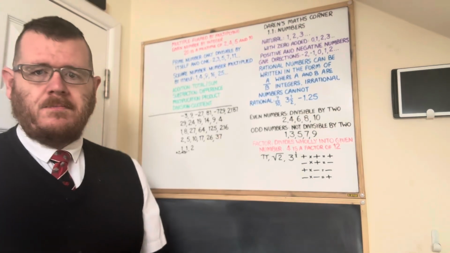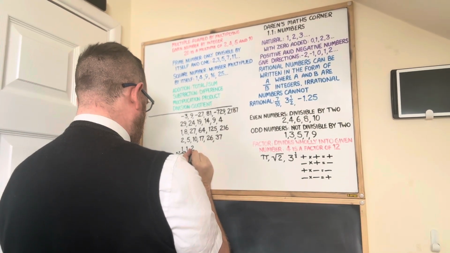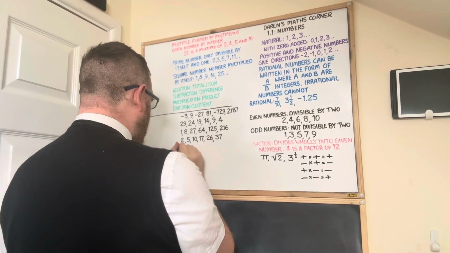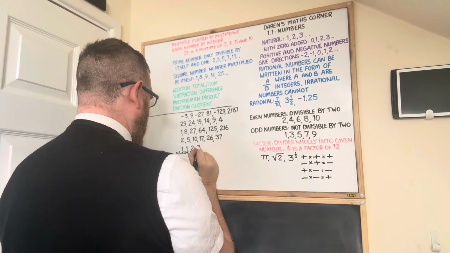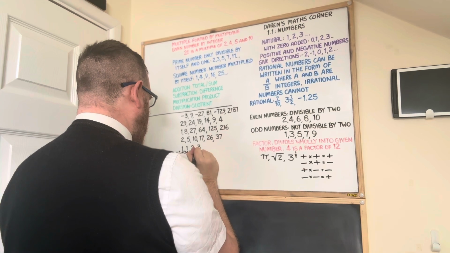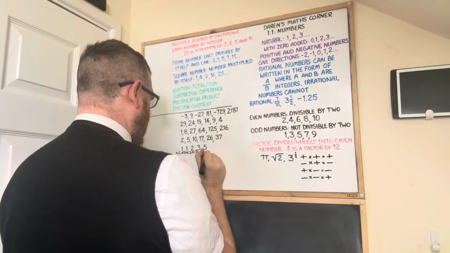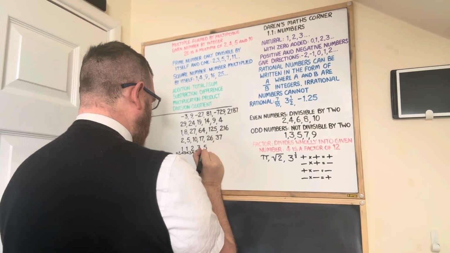Like so. Then we've got 2. 2 plus 1 is 3. 2 plus 3 is 5. 3 plus 5 is 8.